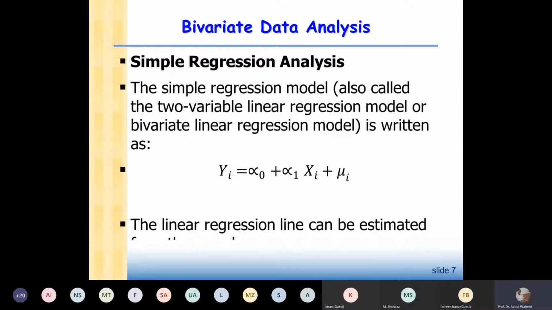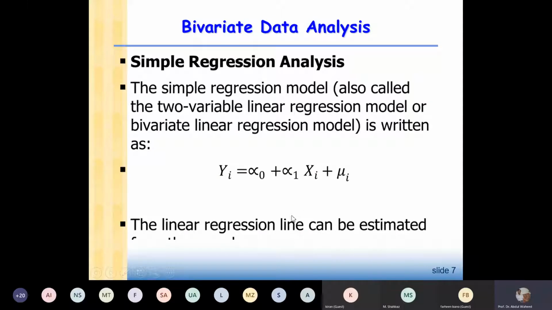But still there are some variables that affect the dependent variable and are not included in the model because we don't know or we don't have the data of such variables. Now these two are the parameters of the model. These are the population parameters. This is a population regression model.